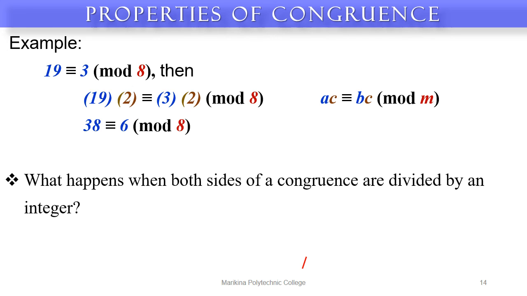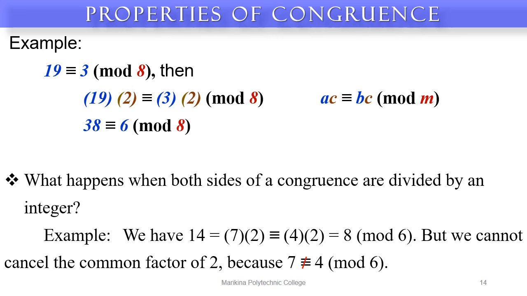Now, what happens when both sides of a congruence are divided by an integer? Consider the following example. We have 14 equals 7 times 2 is congruent to 4 times 2 equals 8 modulo 6.